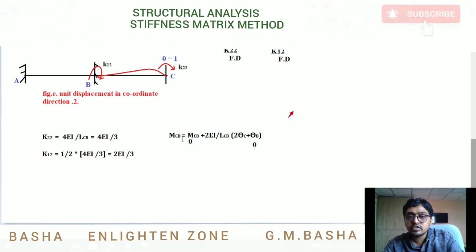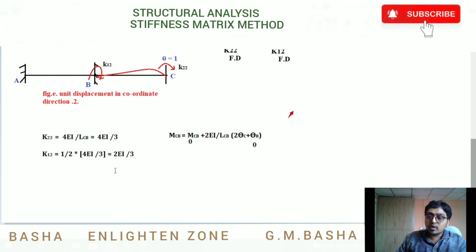Finally, simplifying, MCB is 2 into 2, 4EI by L. Remember, wherever you apply a unit moment, the value is directly 4EI by L, where L means the particular span CB. That is the reason I mentioned CB.